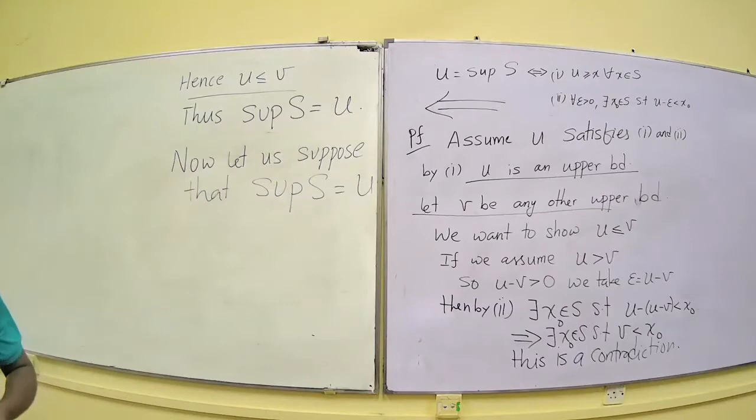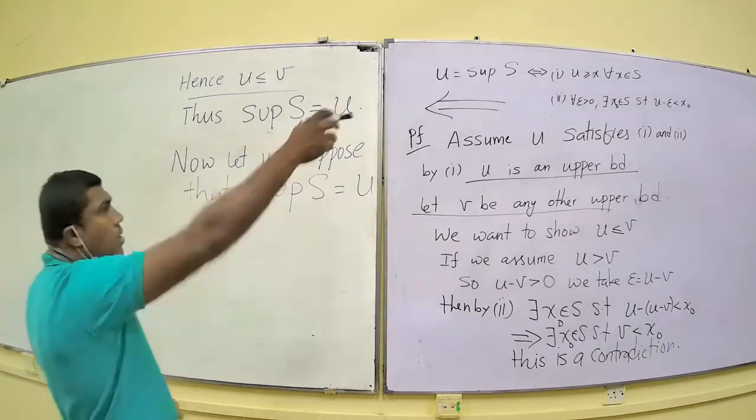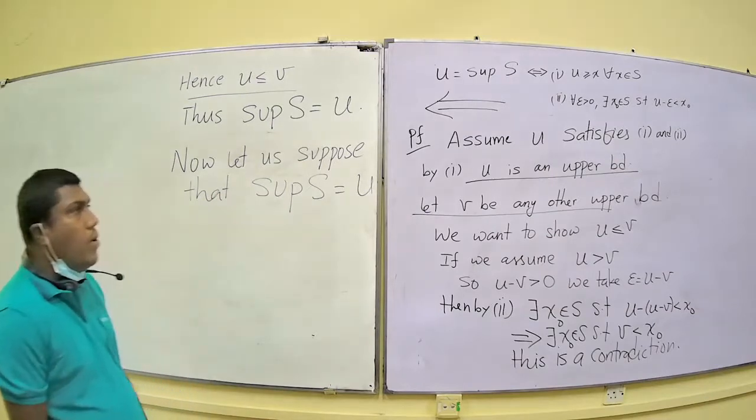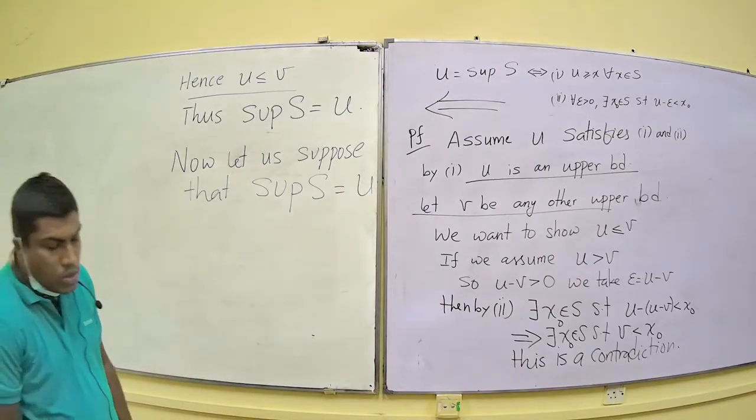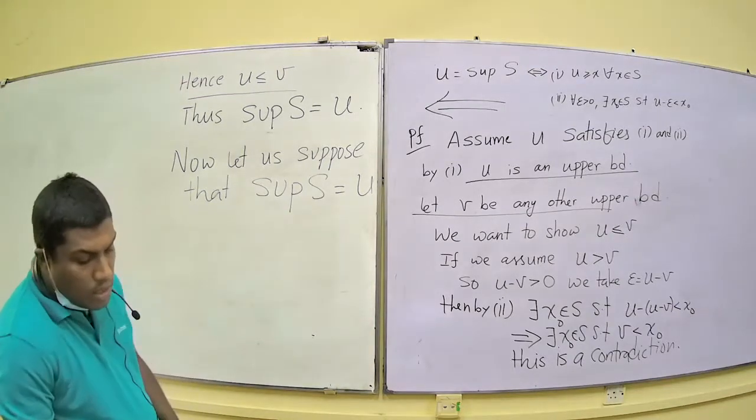Now we suppose that the supremum of S is equal to u, and then we have to show that u is greater or equal to x for all x in S, and for every epsilon positive, this and this is true.